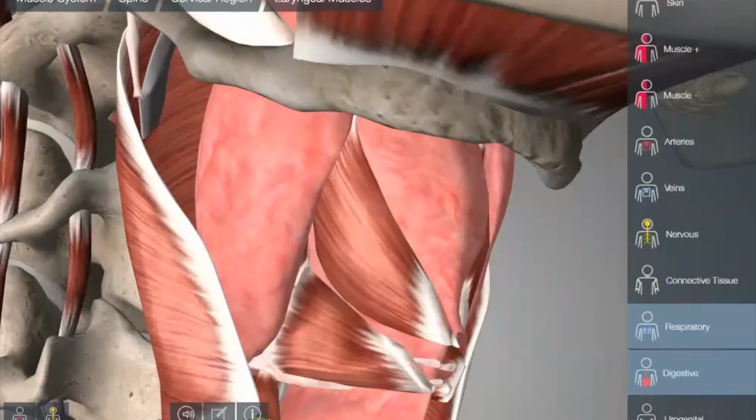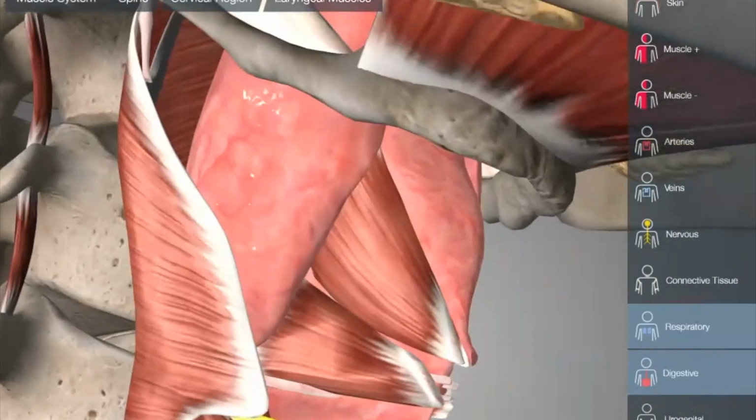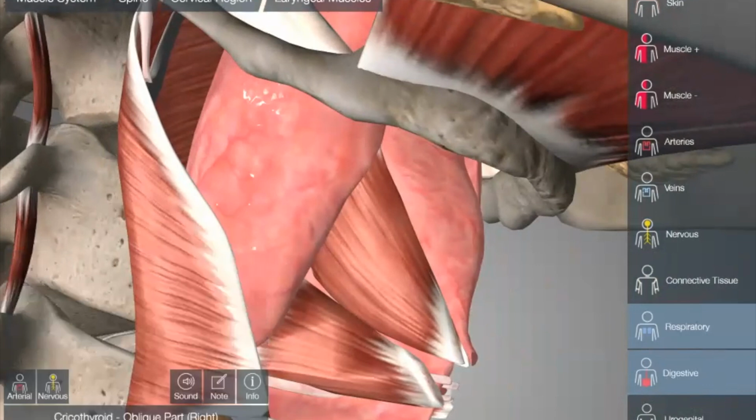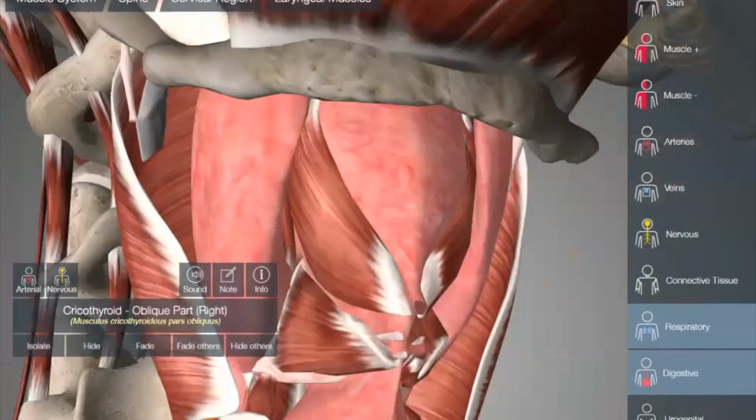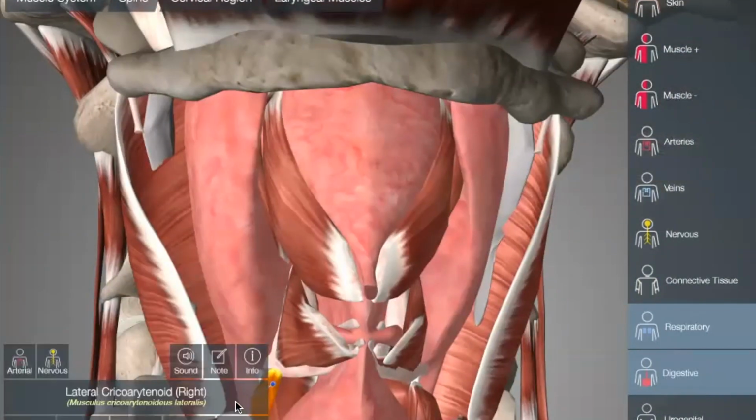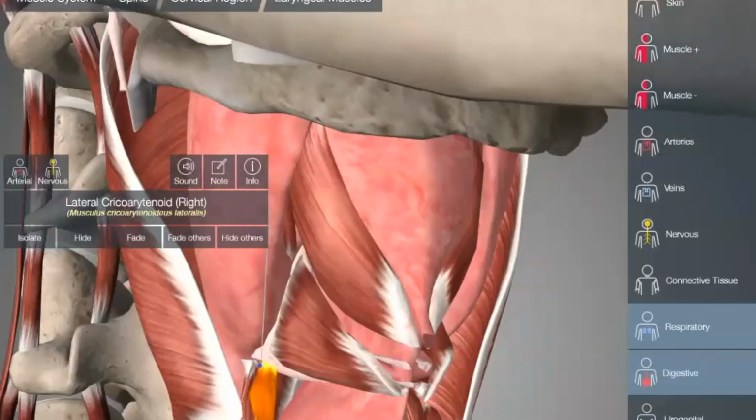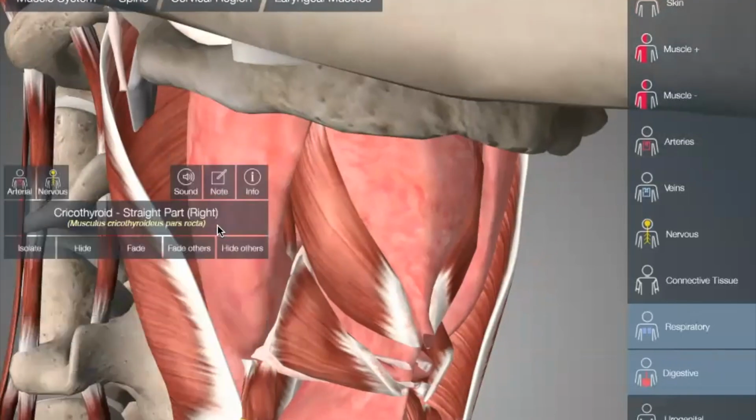Cricothyroid. What it does is stretch or tense the vocal ligaments.